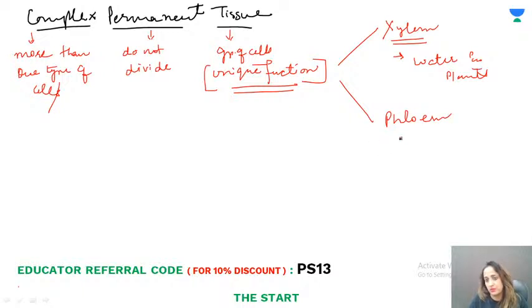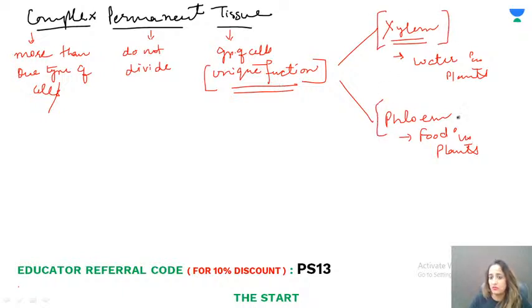Phloem, transportation of food in plants. So depending upon these two properties, this is the unique function. Xylem is basically for water, phloem is basically for food.